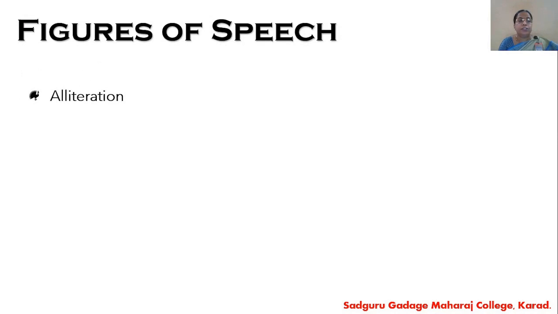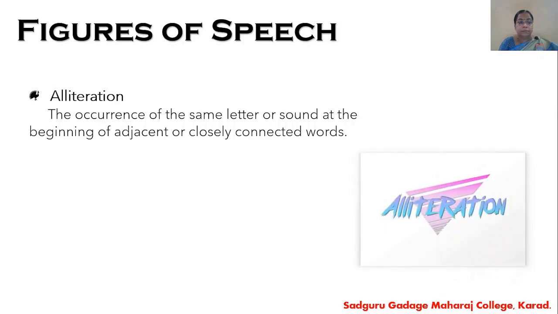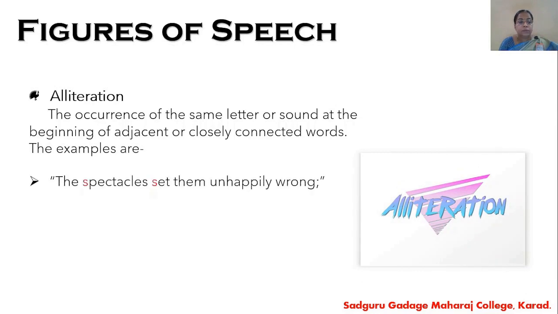First figure of speech is alliteration. Alliteration means the occurrence of the same letter or sound at the beginning of adjacent or closely connected words. The examples are: the spectacle set them unhappily wrong.